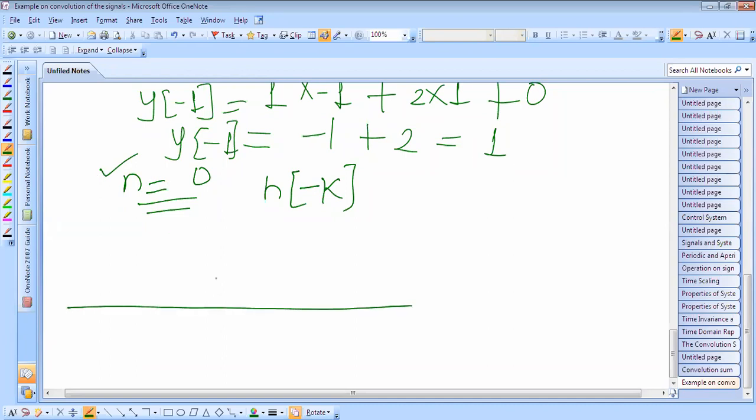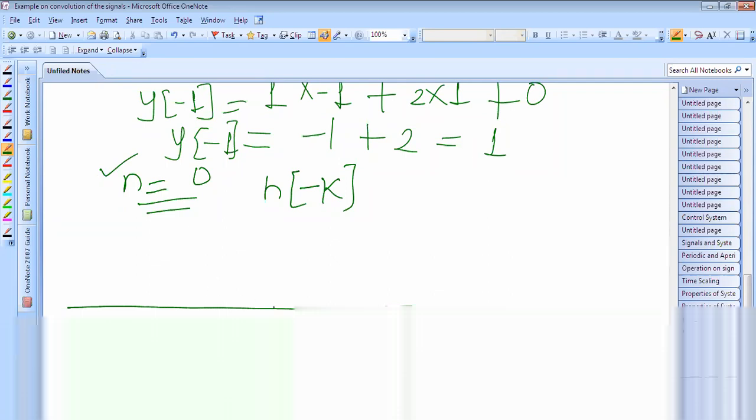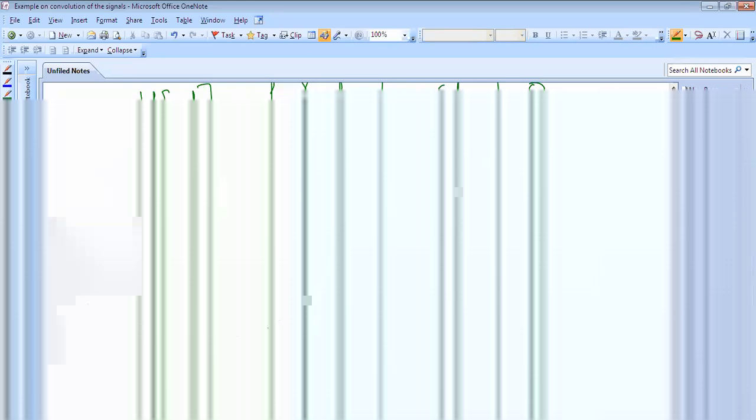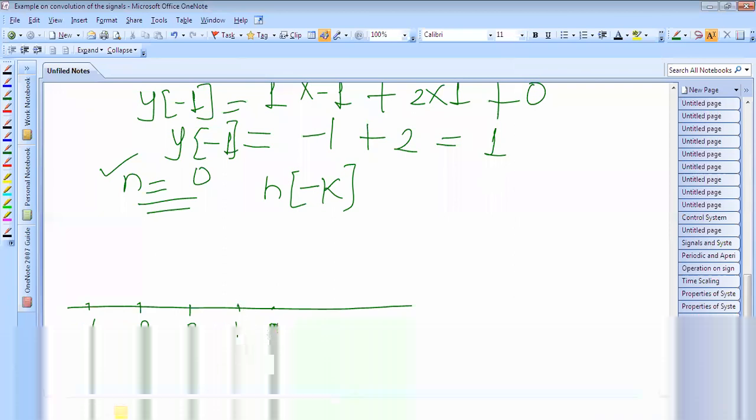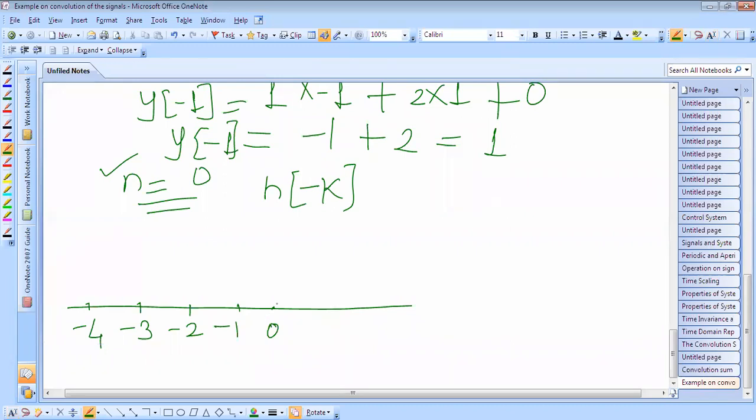So I will draw the response at 0, -1, -2, -3, -4. At 0 its value is 1, because n is equal to 0. It is -1, it is 1, it is -1. Okay, so this is the impulse response, and the input is again given.